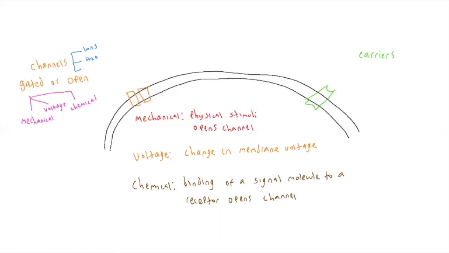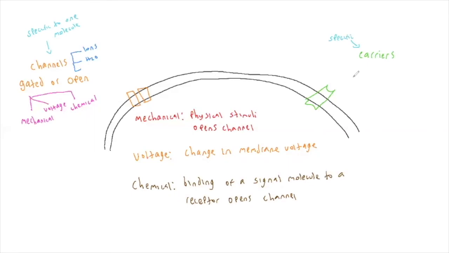Carrier proteins work in a little bit more of a simple manner. They are specific, and by the way, channels are also specific to one molecule. Same with carriers, they are also specific.